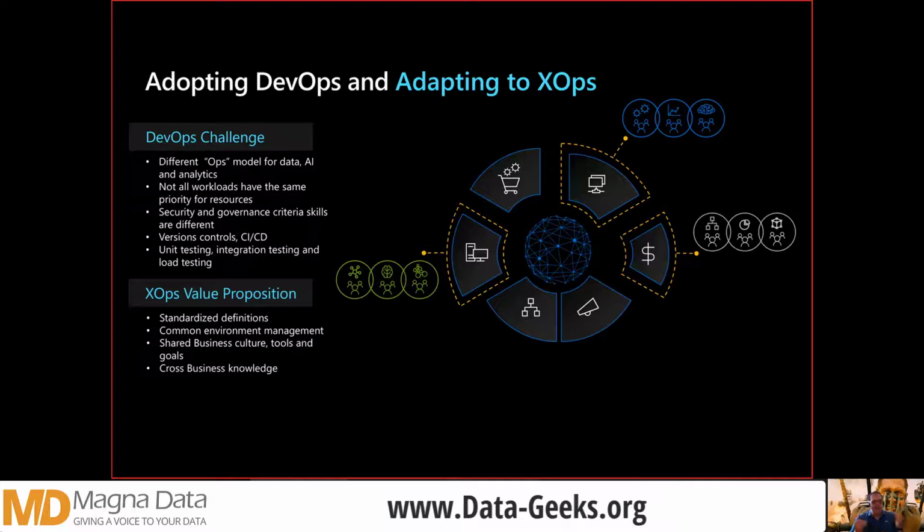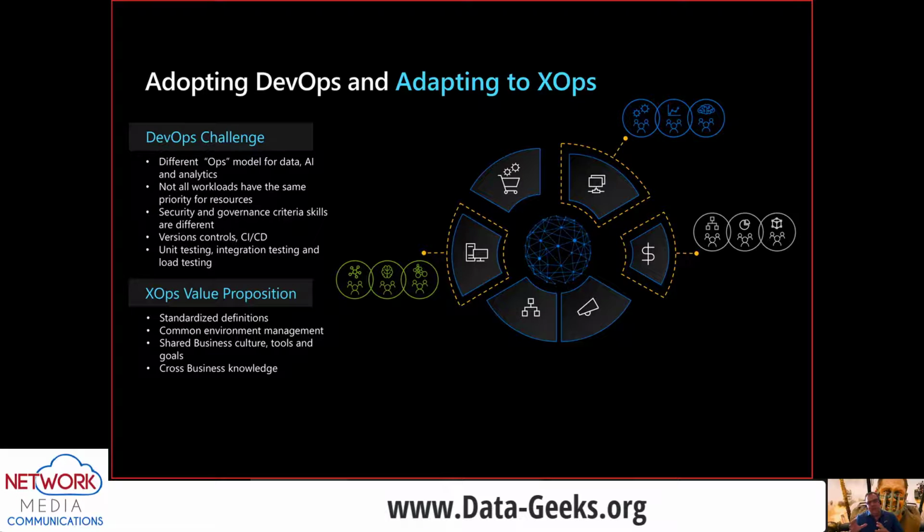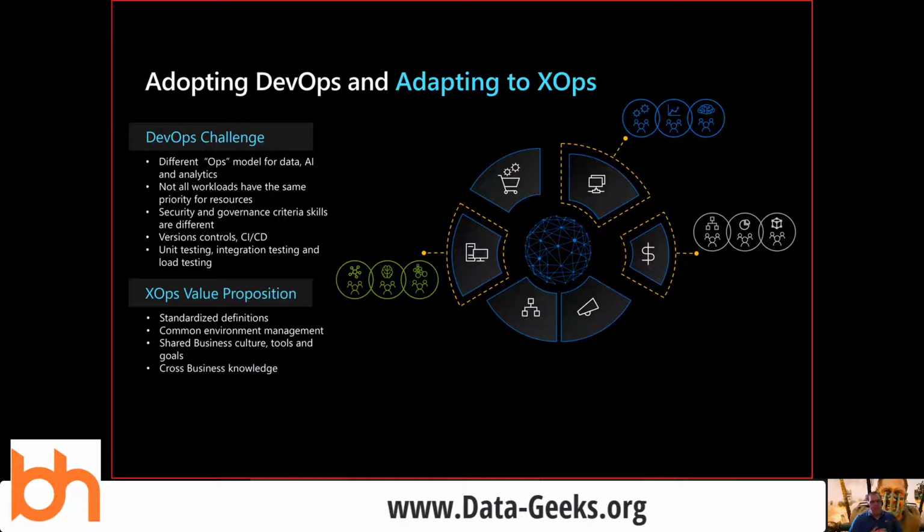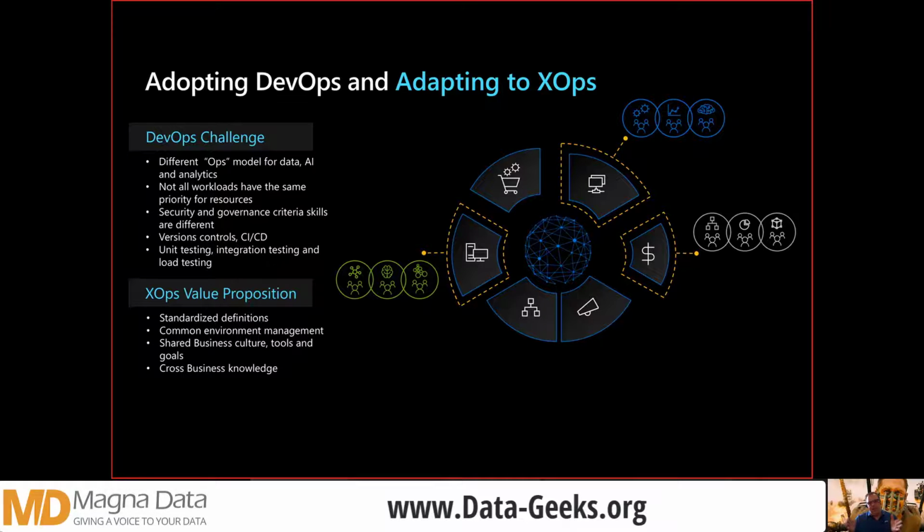As the headline says on this slide, adopting DevOps, because the generic DevOps framework is a good practice, and then adapting towards XOps. It's one of the top trends this year, and the value proposition is that you get standardized definitions of your operational framework, so everyone works within the same definitions and common terminology.